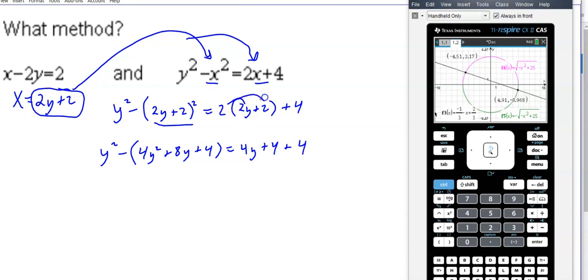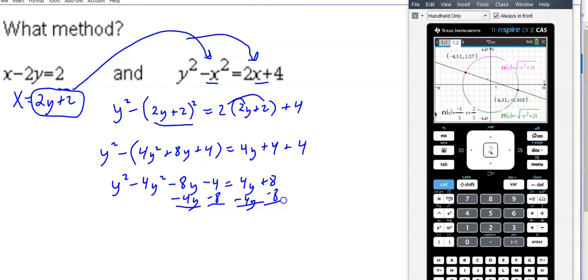I'm going to distribute here, so I get y squared minus 4y squared minus 8y minus 4 equals 4y plus 8. I'm going to subtract those two, so subtract 4y here, subtract 8. I get equals 0 over here.